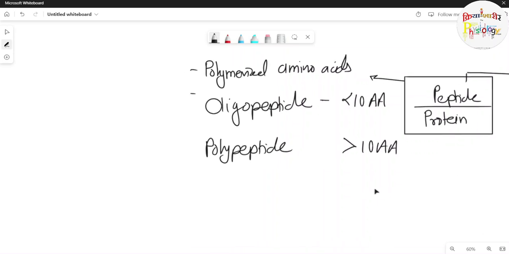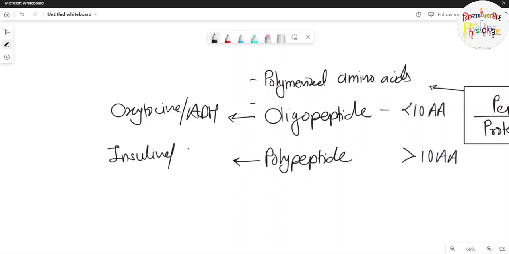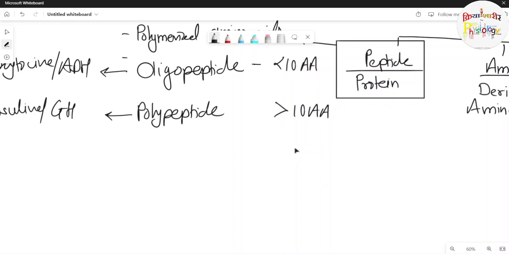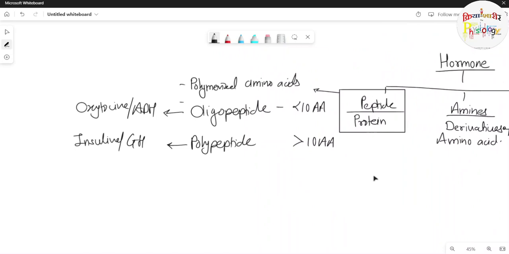Examples of oligopeptide hormones are oxytocin and ADH. Examples of polypeptide hormones are insulin and growth hormone.